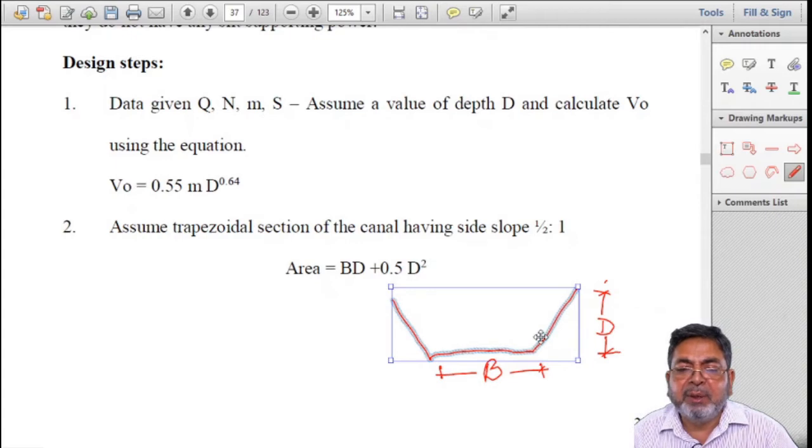This is the side slope, and this you will assume as 1/2:1, and this will be put in this. The area can be found out by this formula. This is the formula for area of a trapezoidal section.